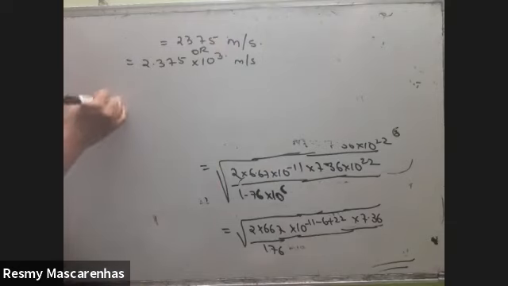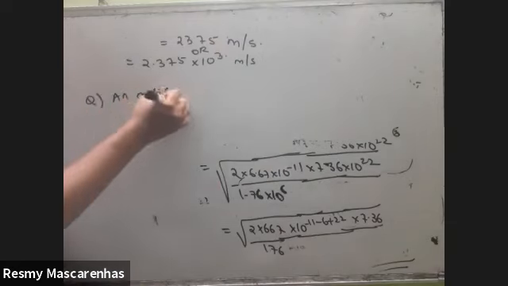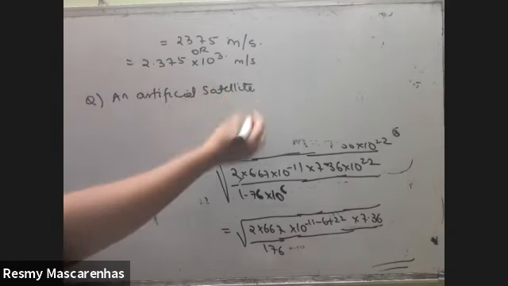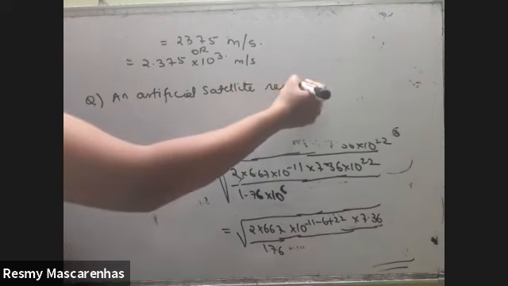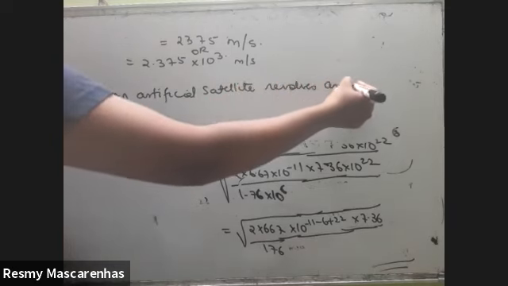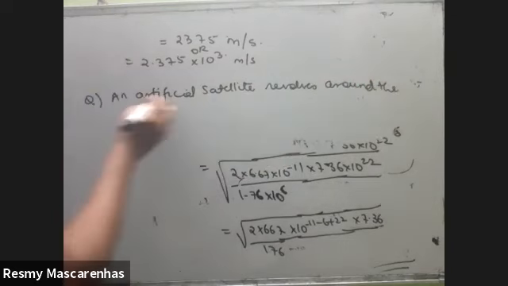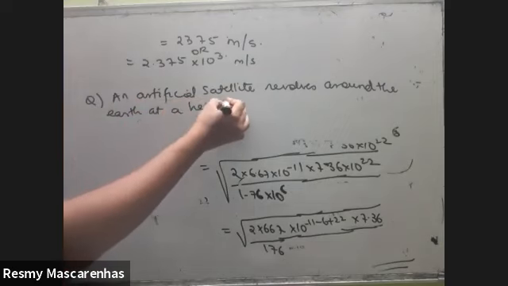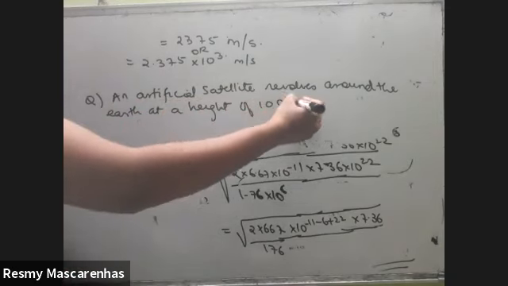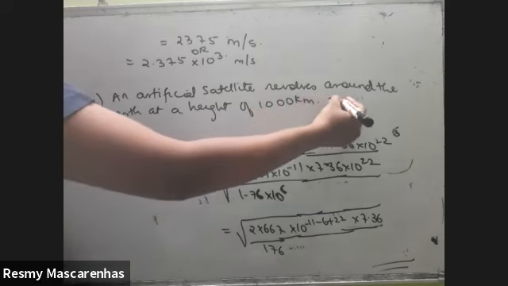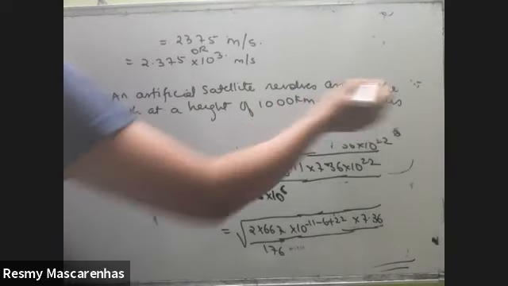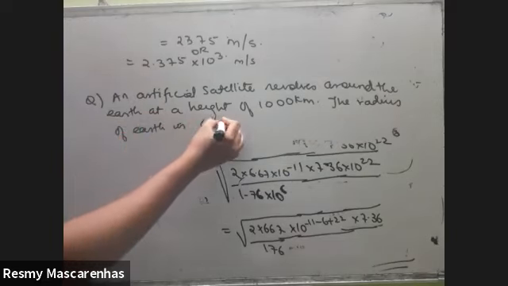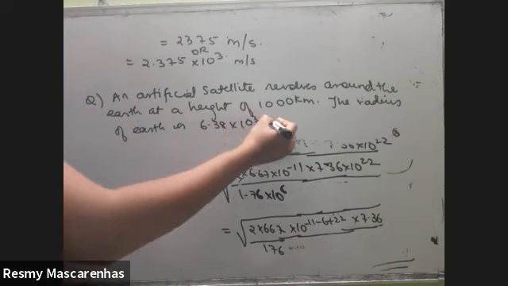Next question. An artificial satellite revolves around the Earth at a height of 1000 kilometers. The radius of Earth is 10 raised to 3 kilometers.